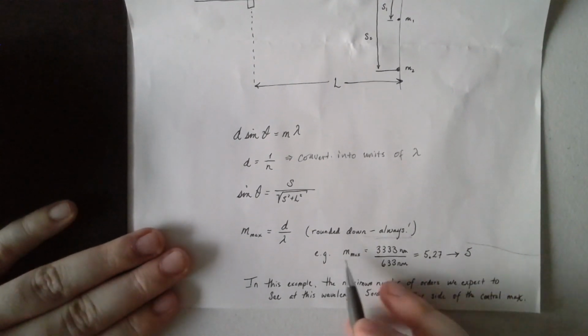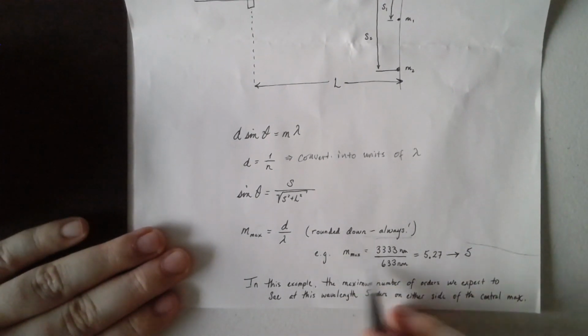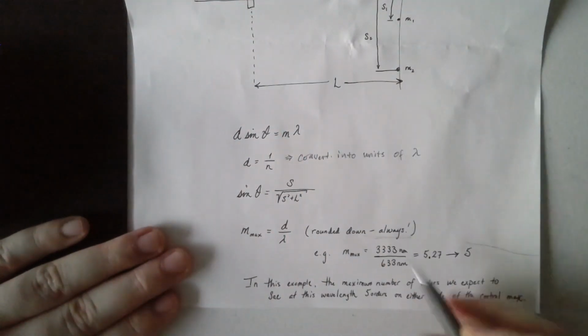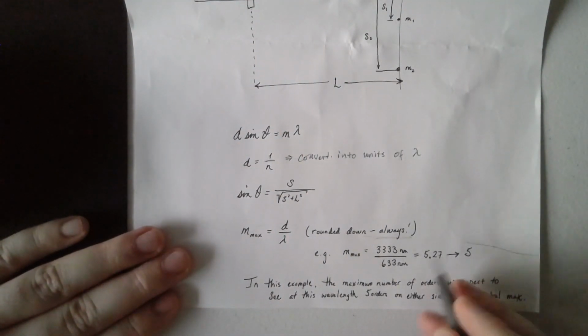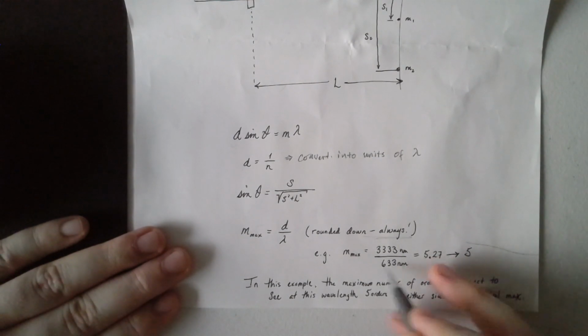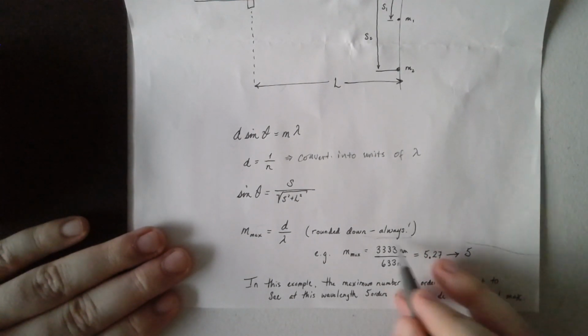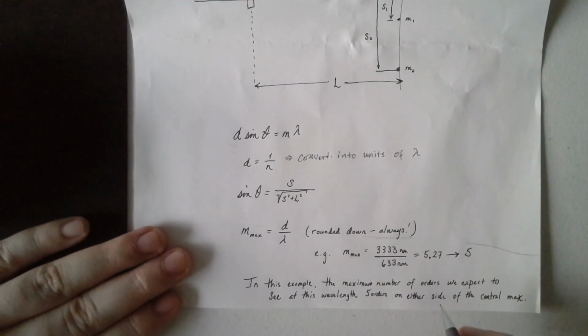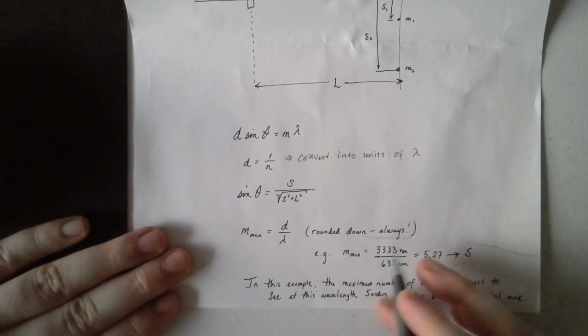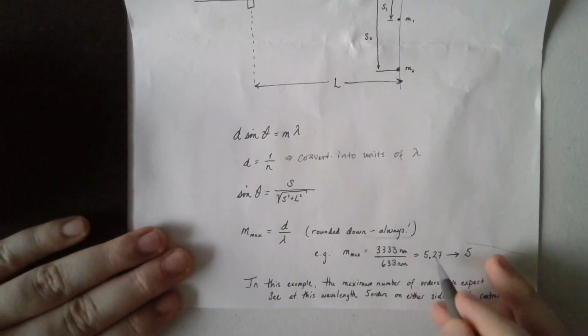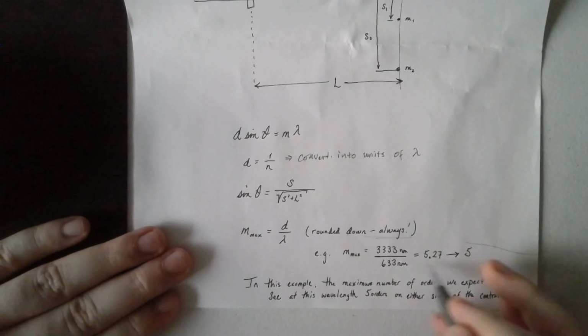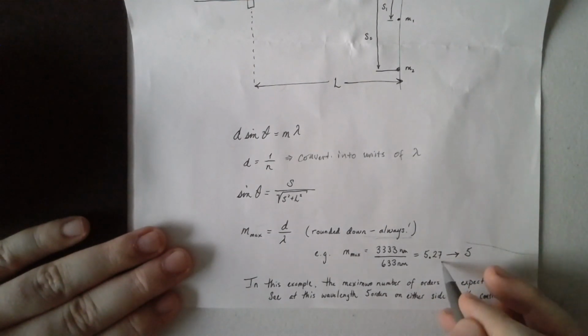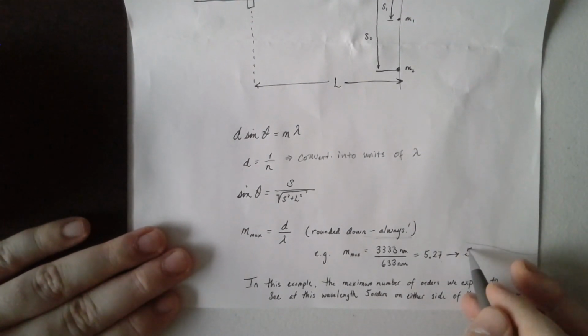Alright, so in this example here with the red laser is 633 nanometers, and the diffraction grating should have a spacing of 3,333 nanometers. So if we do the ratio of those two numbers, we get 5.27, round down, so then our theoretical value should be 5 for that case.